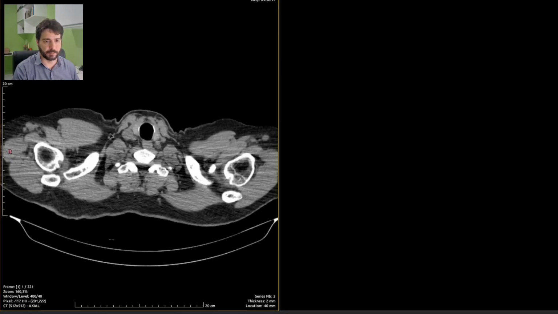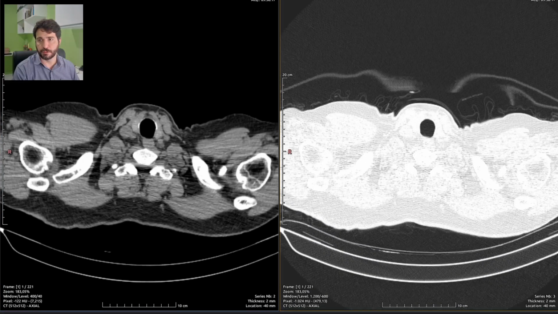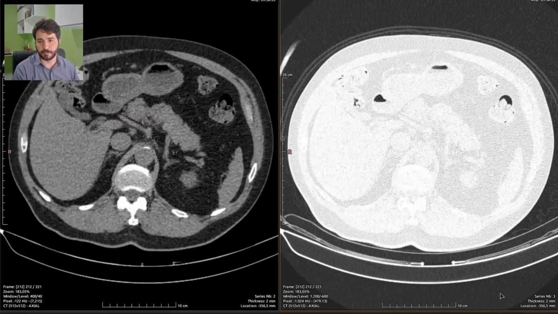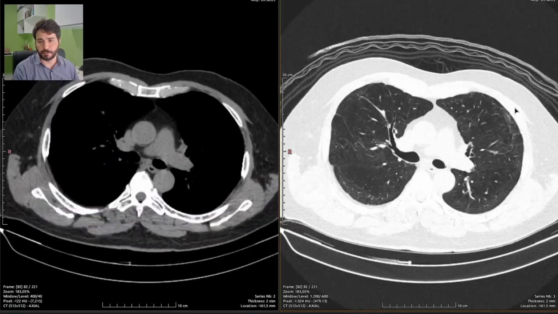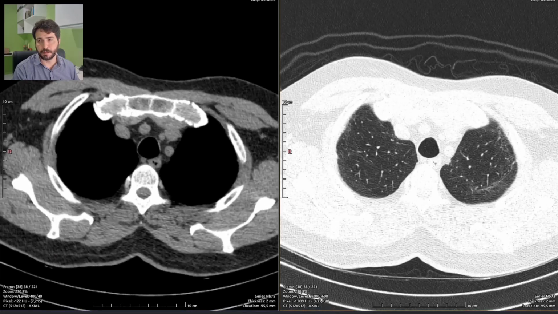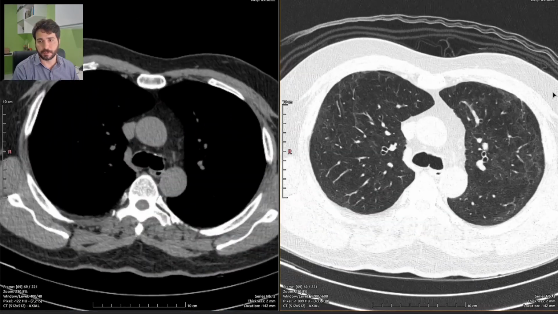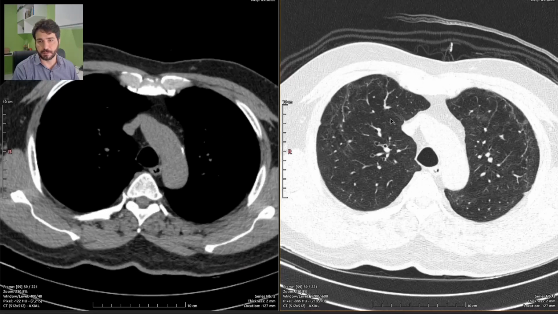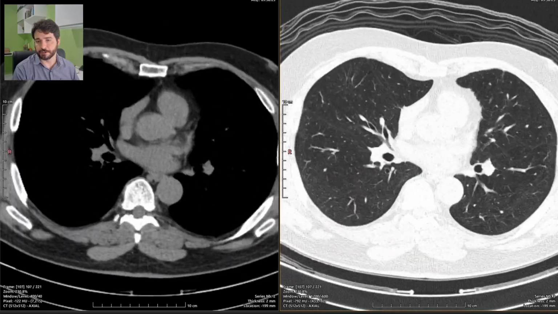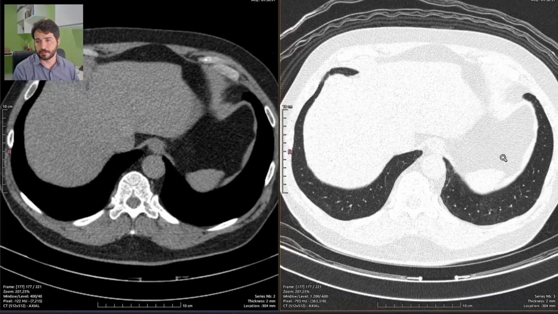So we have soft tissue window and lung parenchyma window side by side. Let's scroll up and down. Oh, this patient has some chronic illness of the lungs. These are linear atelectasis of the cortical regions of the lungs.